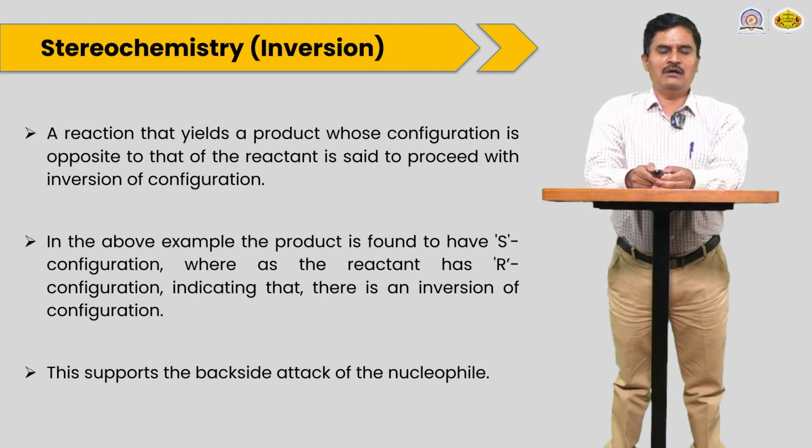In the above example, the product is found to have the S configuration, whereas the reactant has the R configuration, that indicates the inversion of configuration. This supports the backside attack of the nucleophile. So this experiment supports that the attack of the nucleophile must be from the backside of the C-X bond, and then there is a 100% inversion. Means if in the reaction there is 100% inversion, that indicates the reaction follows the SN2 mechanism.